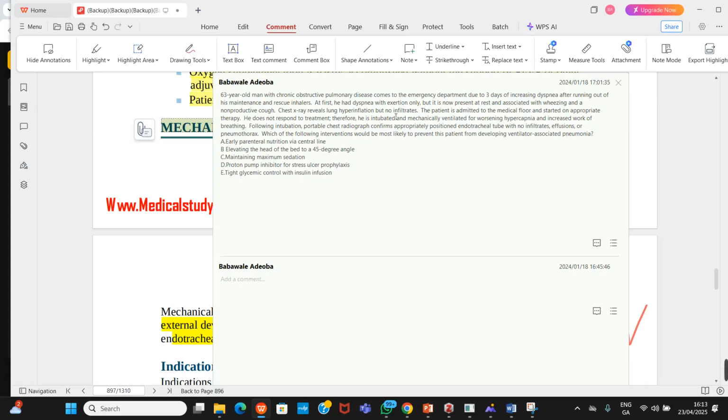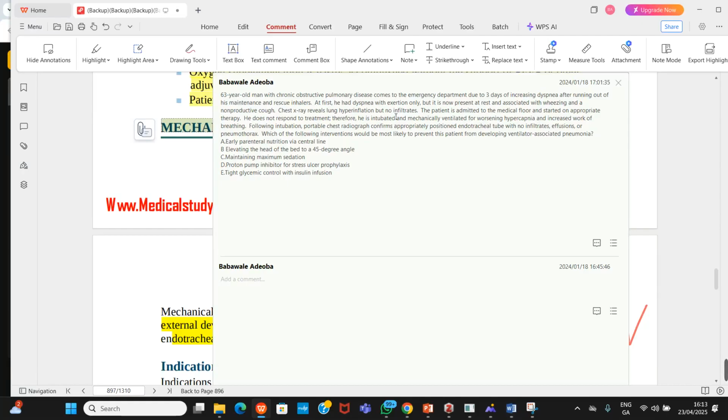A 63-year-old man with COPD comes to the emergency department due to 3 days of increasing dyspnea after running out of his maintenance and rescue inhalers. At first, he had dyspnea with exertion only, but it is now present at rest, associated with wheezing and a non-productive cough. Chest X-ray reveals lung hyperinflation with no infiltrate. This patient is admitted to the medical floor and started on appropriate therapy.